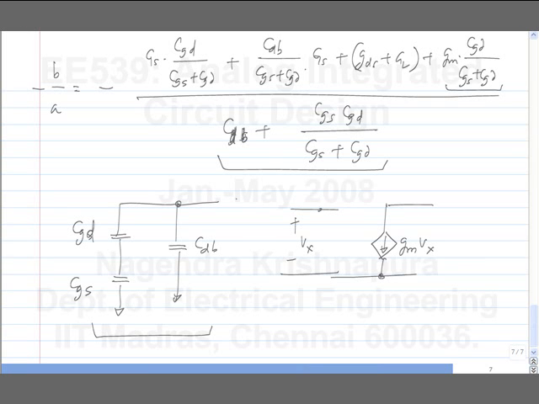I connect the output to input. What do I get? A conductance of GM. Is this clear to everyone? If I apply a voltage here, a current GM times that voltage is drawn out. Okay, so it is equivalent to a conductance of GM.